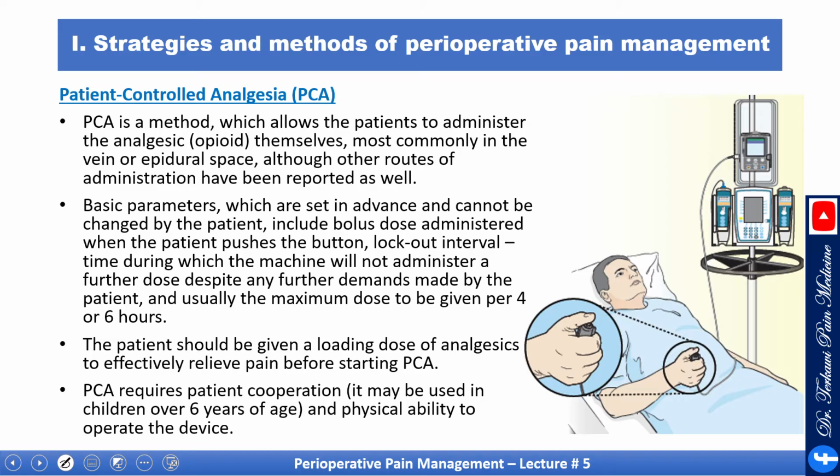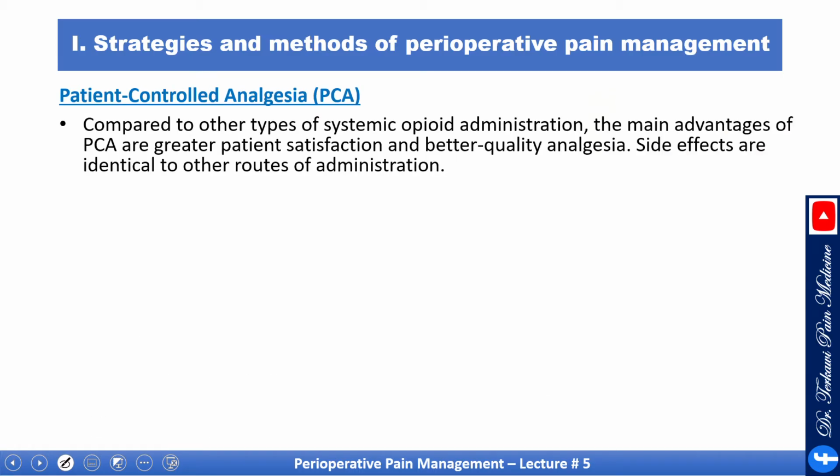PCA requires patient cooperation, so it shouldn't be used in patients who cannot understand how to use it. Compared to other types of systemic opioid administration, the main advantages of PCA are greater patient satisfaction and better quality of analgesia.